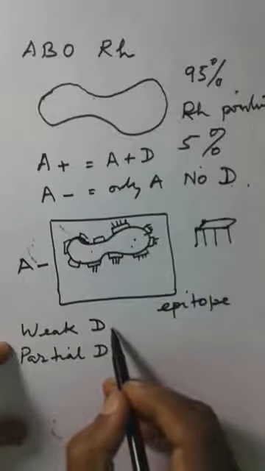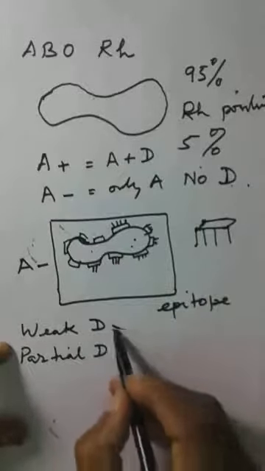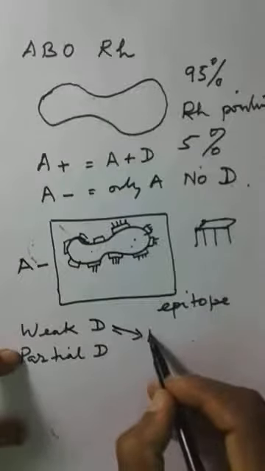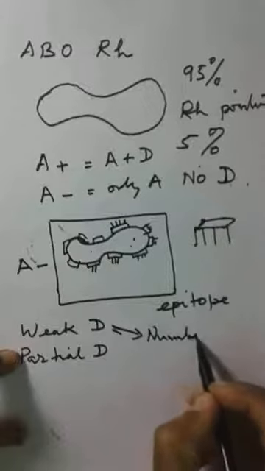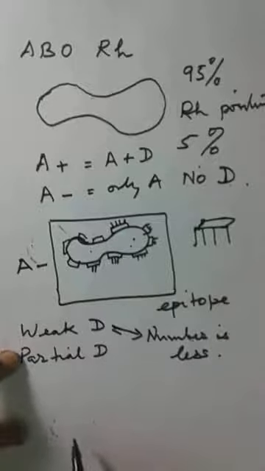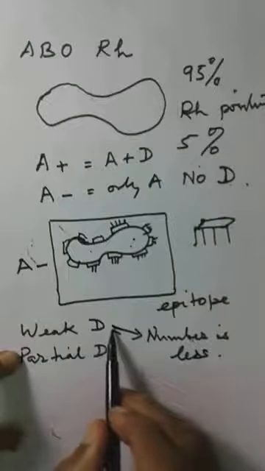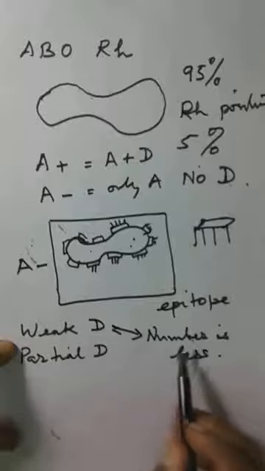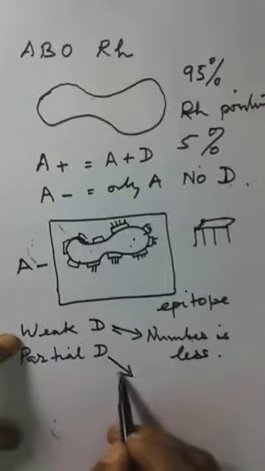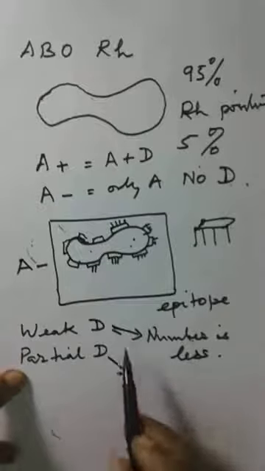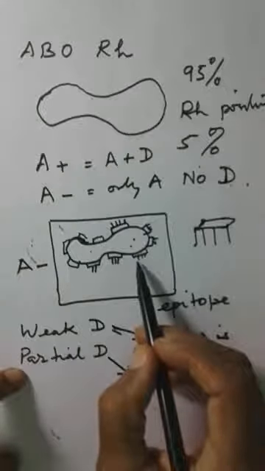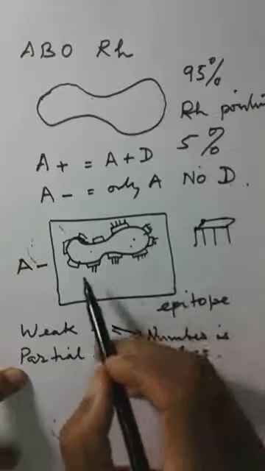So weak D means the quantity or the number is less. That is a quantity deficiency. Partial D means a qualitative deficiency because it has got only 3 legs or 2 legs like that.